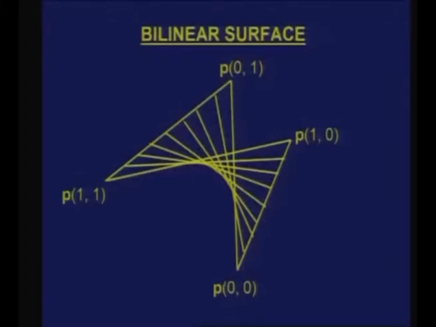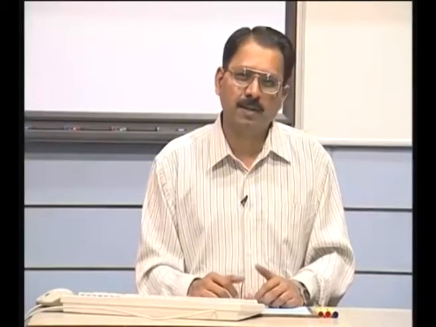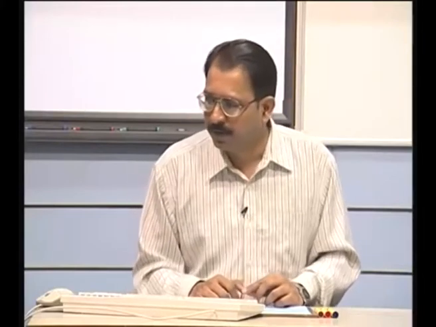So, I have 4 corner points, which are shown here, and what is done is you take the corresponding value of parameter on both the curves and then join them by a straight line. Though the surface looks complex, the mathematical definition is quite simple.